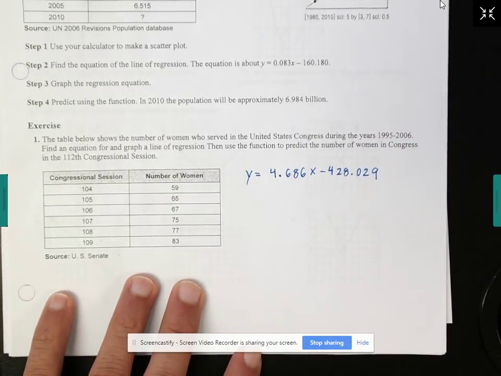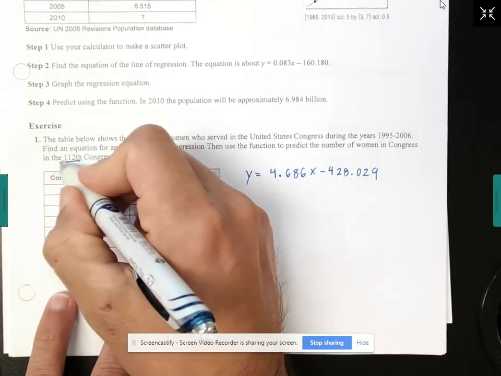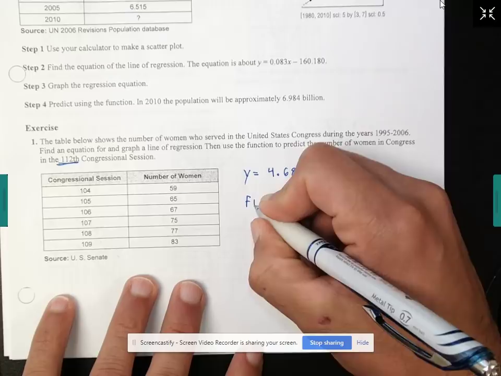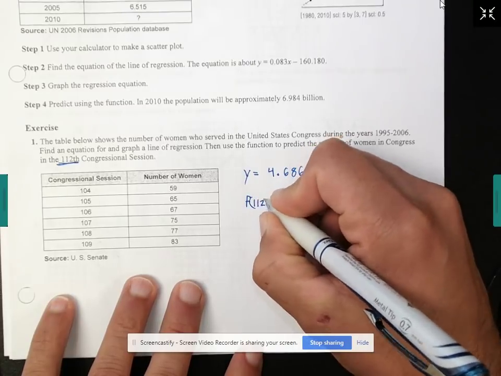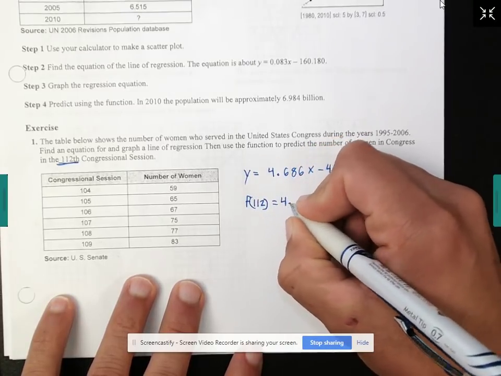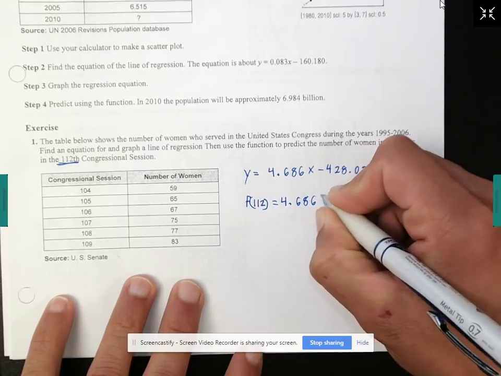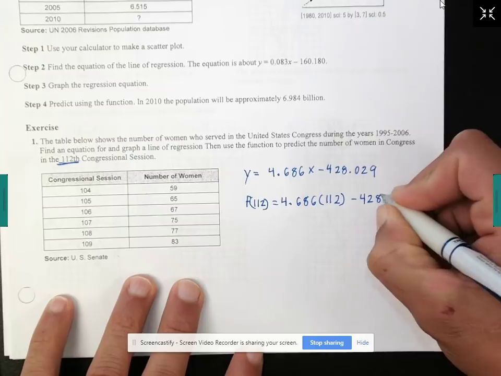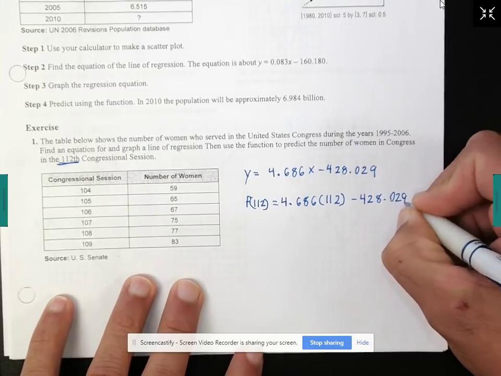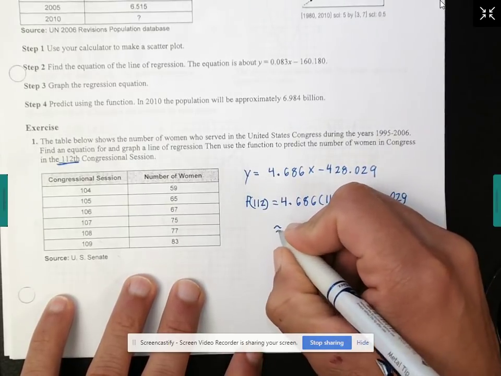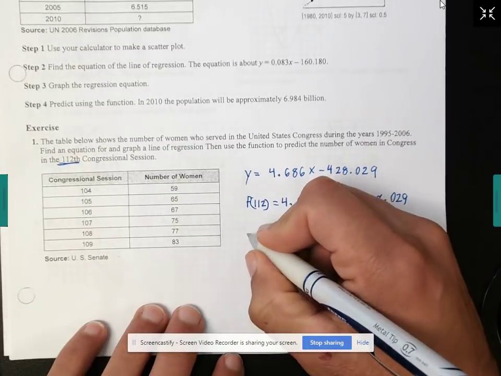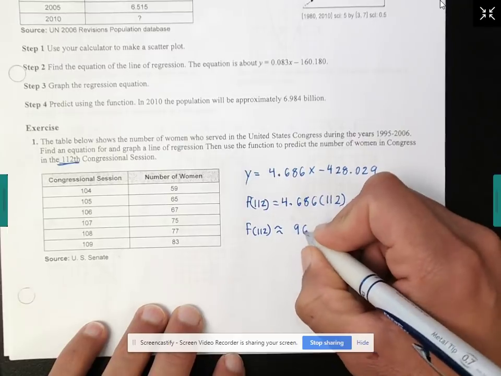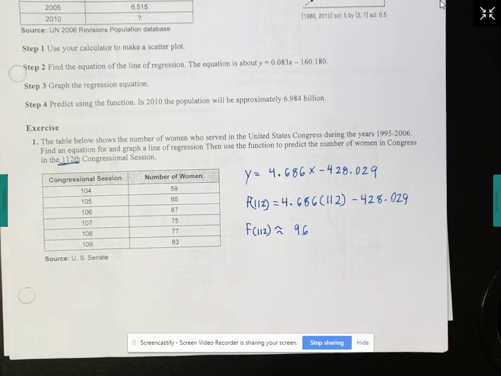And now, if I want to know how many people are in the 112th Congress, all I have to do is plug in 112 into that equation, which is 4.686 times 112 minus 428.029. And if you do that, this should give you about 96. Again, I did that with the calculator ahead of time.